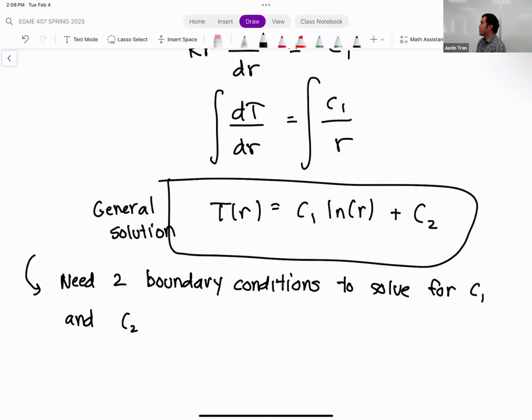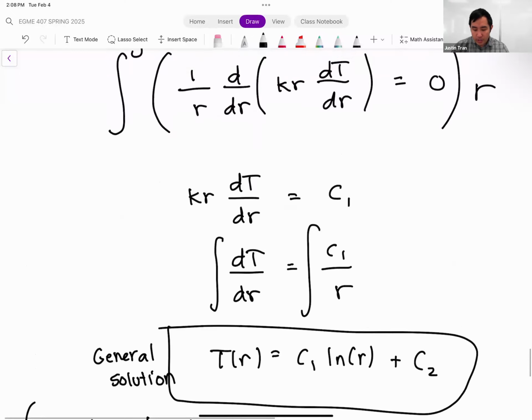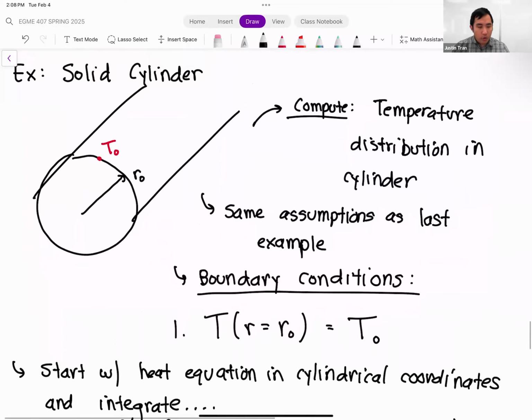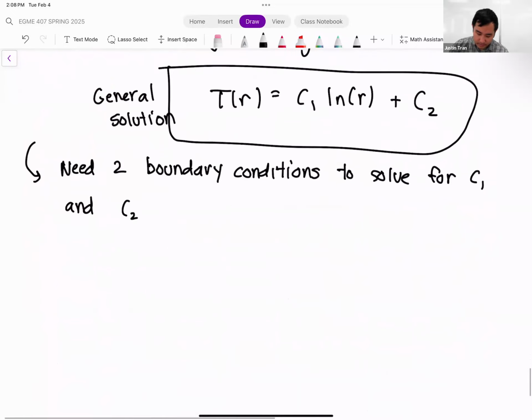We need 2 of them to solve for C1, C2. In the last example, we did have 2 boundary conditions, so we knew the temperature at the inner and outer radius. But for this problem, for the solid cylinder, we only have 1 boundary condition.